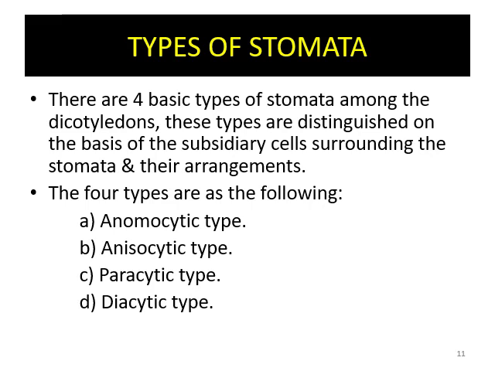When the guard cells are surrounded by a certain number of cells, and these cells have similar shapes, it is called anomocytic stomata. Second is anisocytic stomata. In this case, guard cells are surrounded by three subsidiary cells. These cells have different sizes, such as those present in the potato.